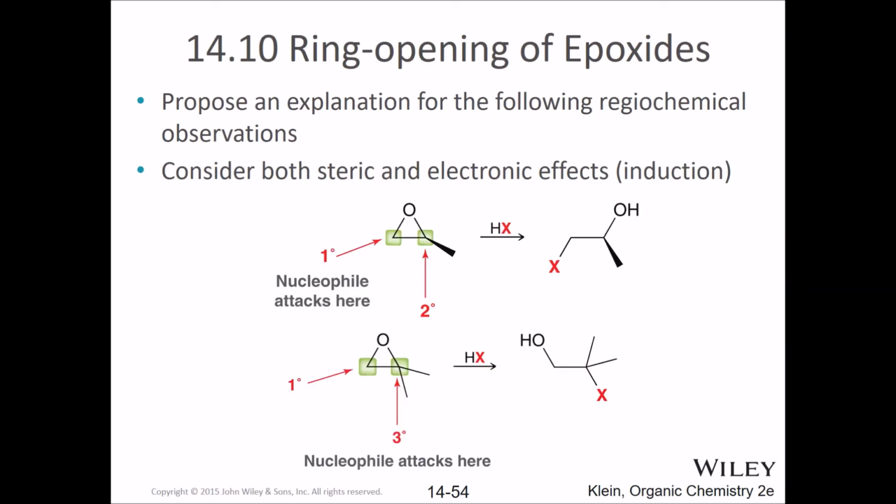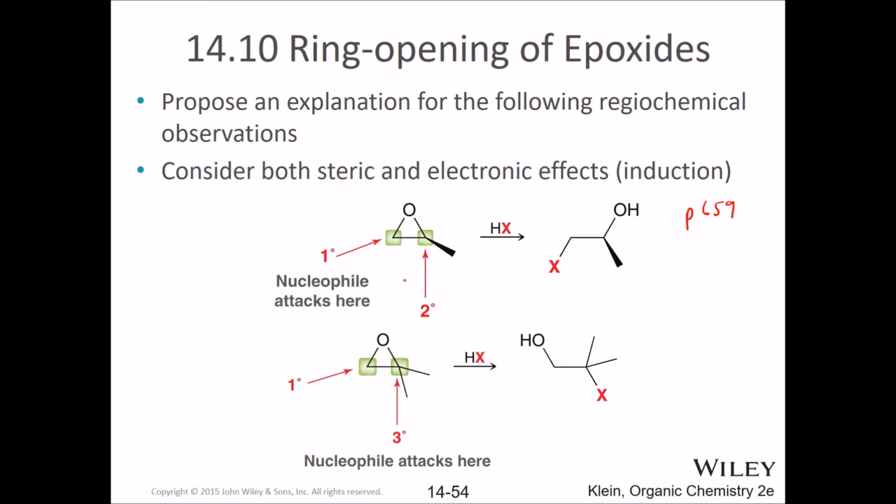Look at this. Propose an explanation for the following regiochemical observations. This is cool. Now the book tells you the mechanism, but you should think about it before you go and look at the book. This is on page 659, by the way. But don't go there yet. Think through this.